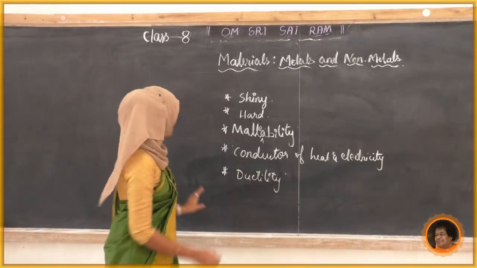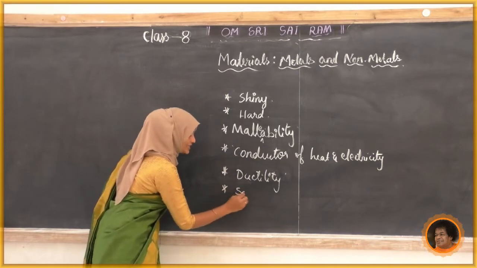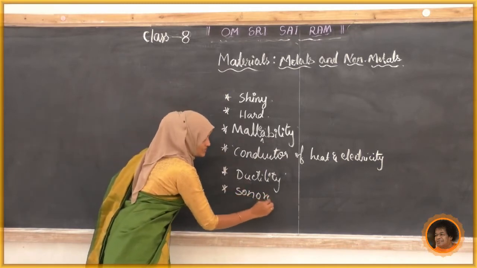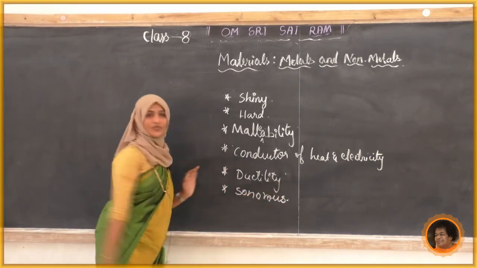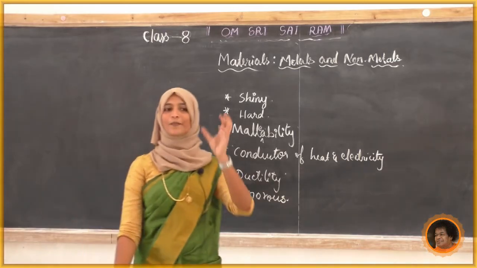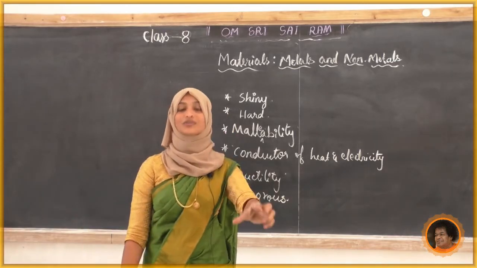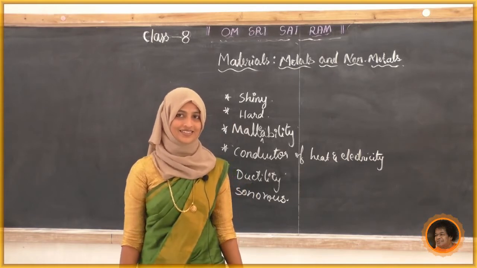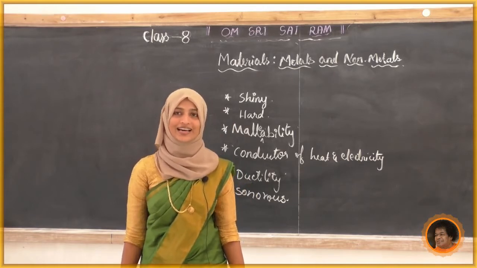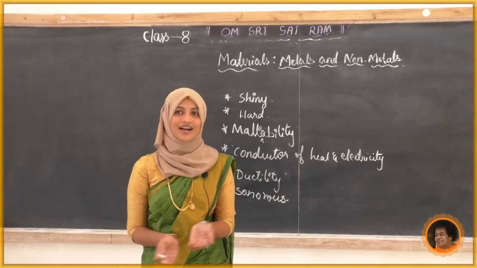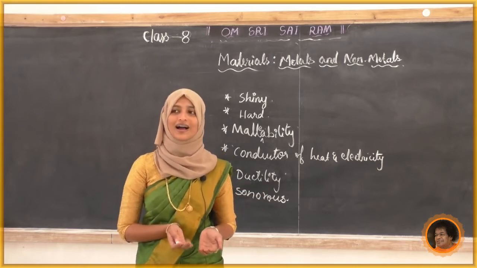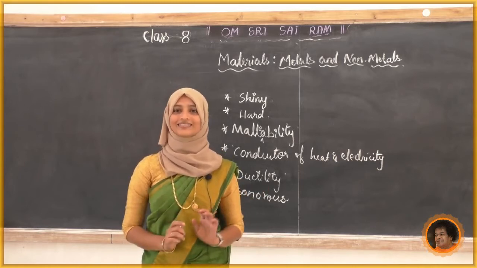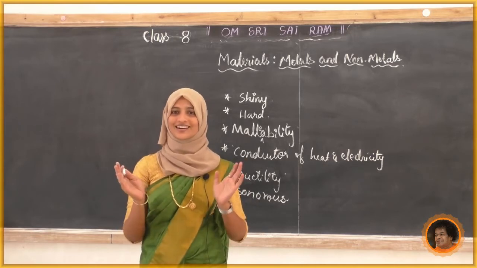Write down here one more point we got, that is sonorous. Yes, metals are producing ringing sound. This is one more physical property of metals. So if you are carrying a steel bottle along with a steel tiffin in your bag while you are walking, it can make a sound. Yes, how?